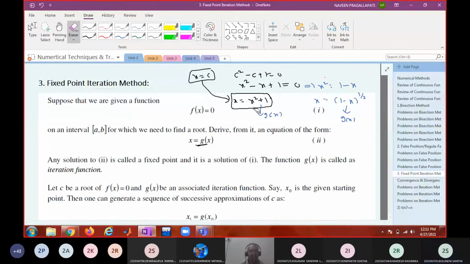Do you agree? Yes, sir. That means c equal to g of c, where g is nothing but x square plus 1. Now whenever c equal to g of c, then what is c called for this function g?